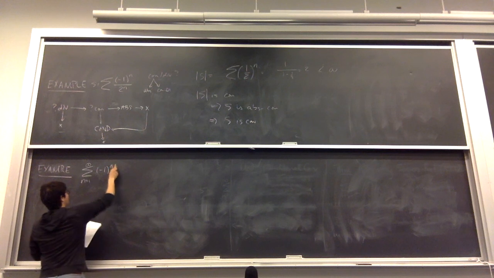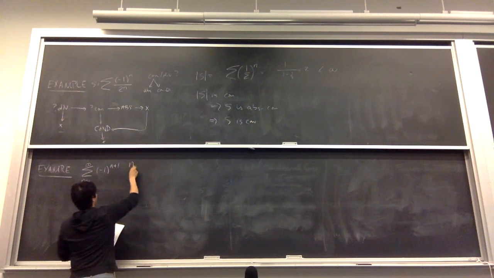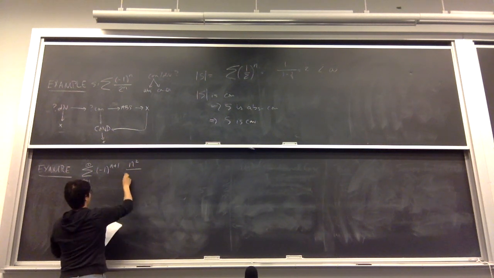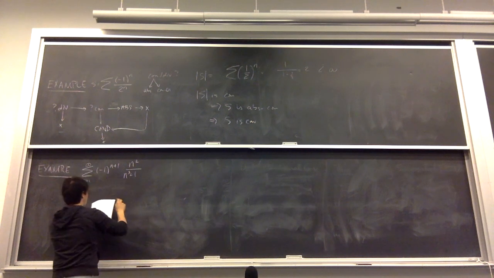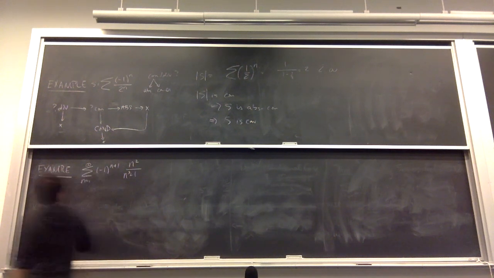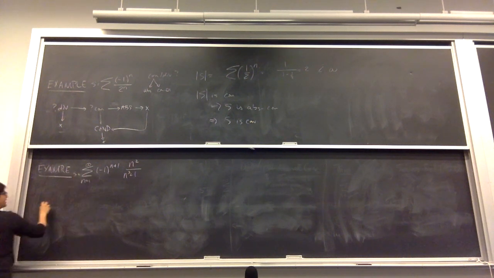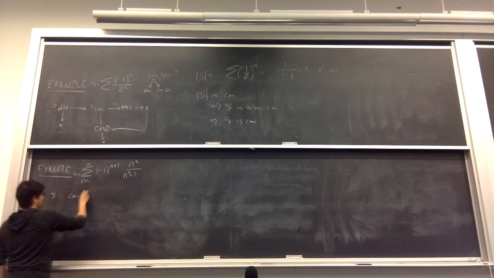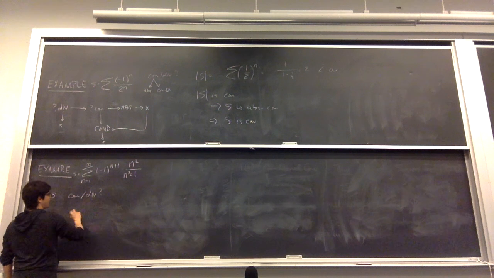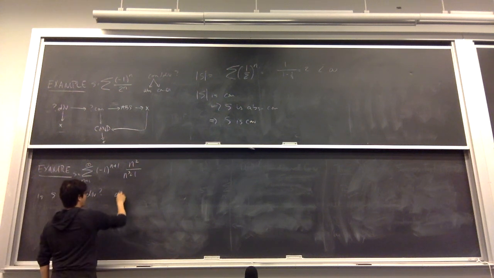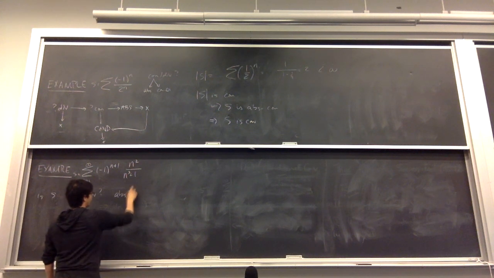It's going to alternate, and here is the summand. And I want to know, is this sum, which we'll call S, convergent or divergent? And in the case that it's convergent, is it absolutely convergent or is it conditionally convergent?